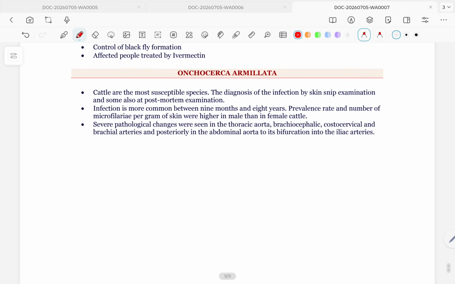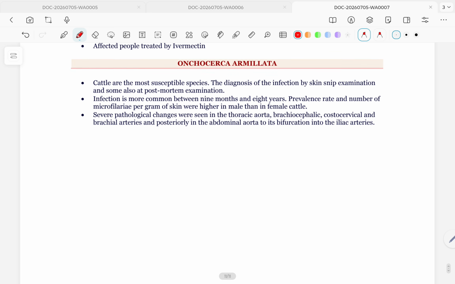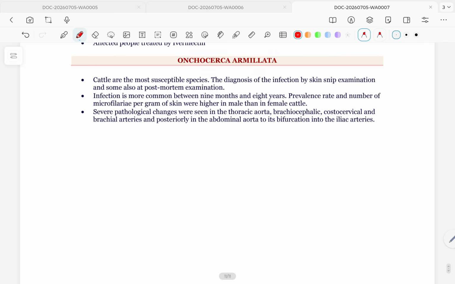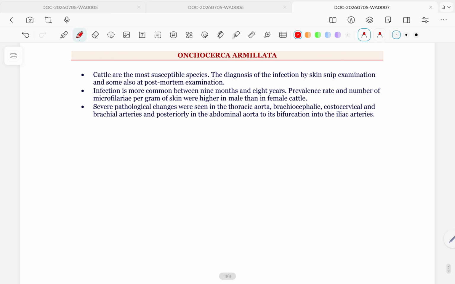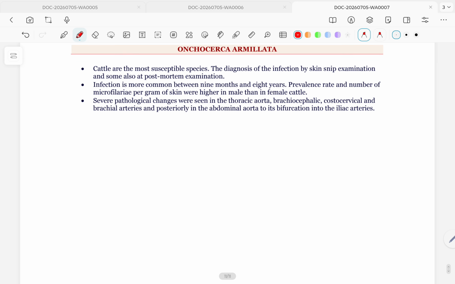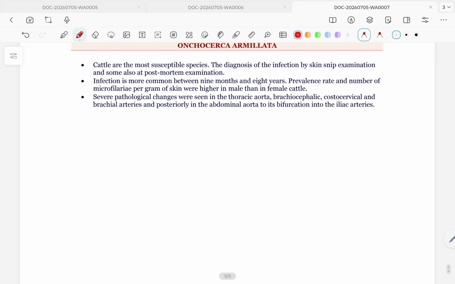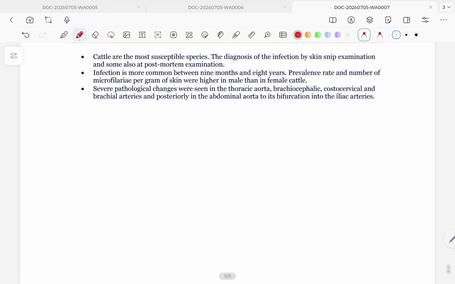Prevalence rate and number of microfilariae per gram of skin were higher in male than in female cattle. Several pathological changes were seen in the thoracic aorta, brachiocephalic, costocervical and brachial arteries, and posteriorly in the abdominal aorta to its bifurcation into the iliac arteries.